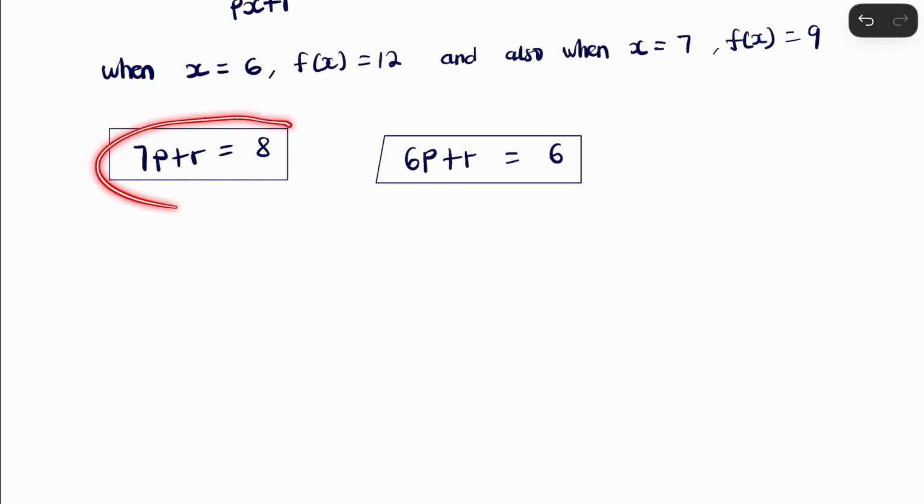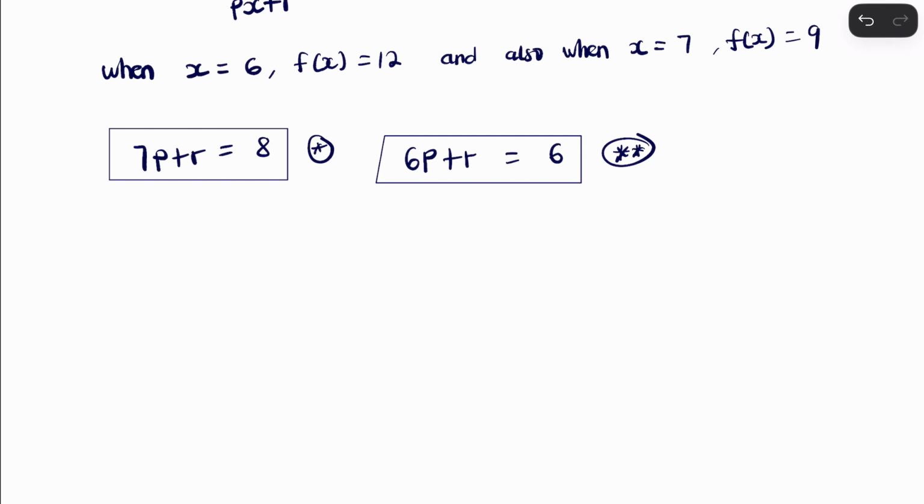And so here we are going to solve these two equations simultaneously. Let's call this equation, say, equation star. Then we call this equation, equation double star. Here the coefficient of r is 1, and the coefficient of r here is also 1, so we can subtract these two equations. Now let's subtract equation double star from equation star.